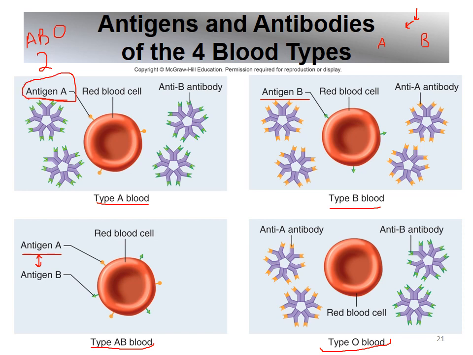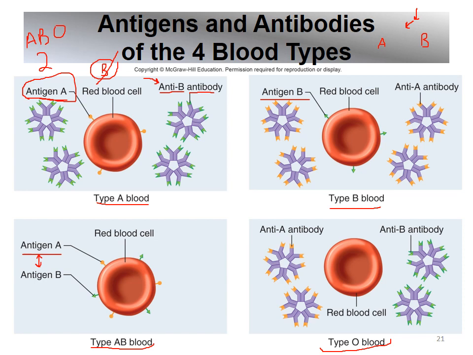Since I do not have B, when my body is building everything up, it knows B is my enemy, so I make anti-B antibodies. I don't know why so many people want to leave off this first part. That's the biggest part of the name, and that's the clue. If I tell you that there's anti-B antibodies somewhere, you should be able to tell me what antigen they would attack. Anti-B antibodies attack B antigens, right? So if I'm type A, I will have antigen A on my surface and anti-B antibodies in my plasma.